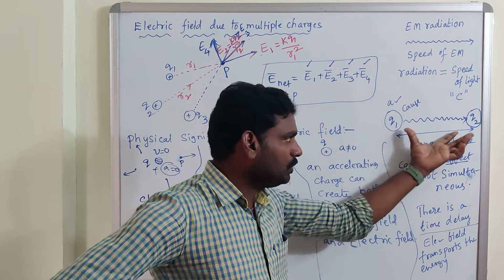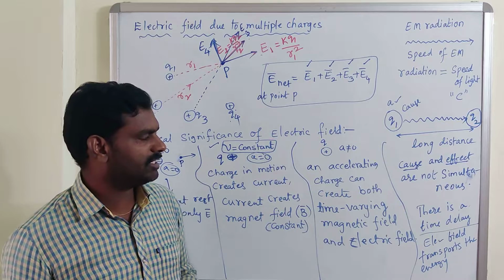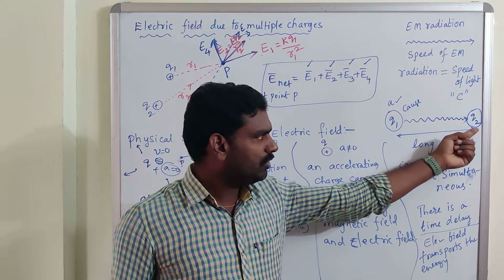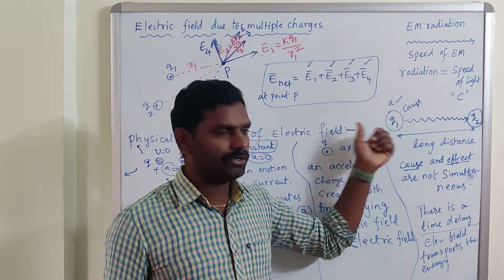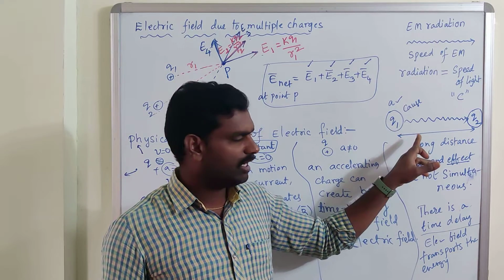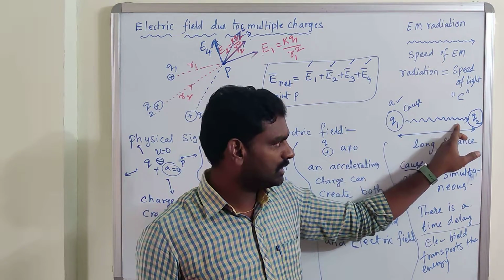Okay, if two charges are separated by a long distance, తో separate చేసినాం అనుకోండి అంటే ఏమవుతుంది? So this q2 immediately will not be affected by q1. అంటే this accelerated charge can create electromagnetic radiation. That radiation will keep on moving towards q2.